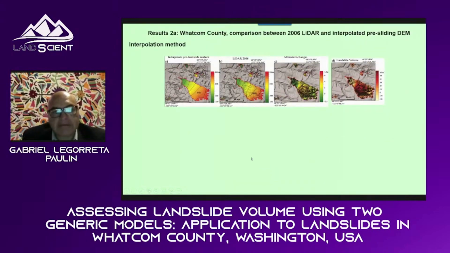Now let's look at the results for the second model, the interpolation method. The interpolation method will allow the user to fill out the amphitheater-shaped depression of landslides, and that makes a simplification of the landform.